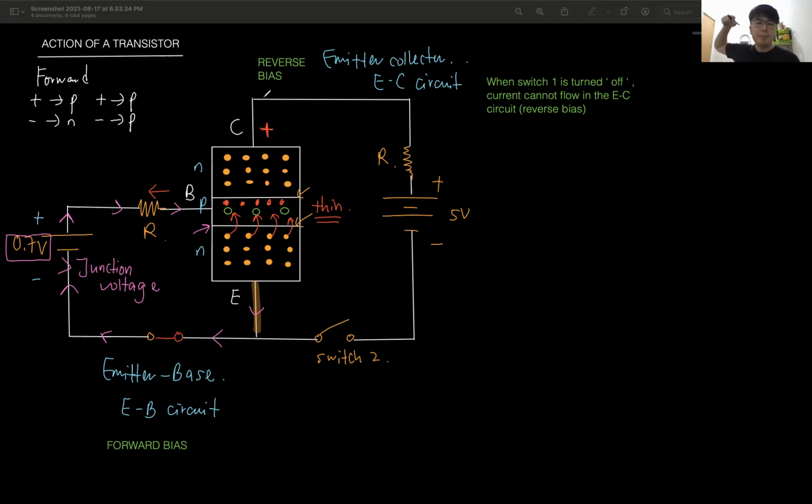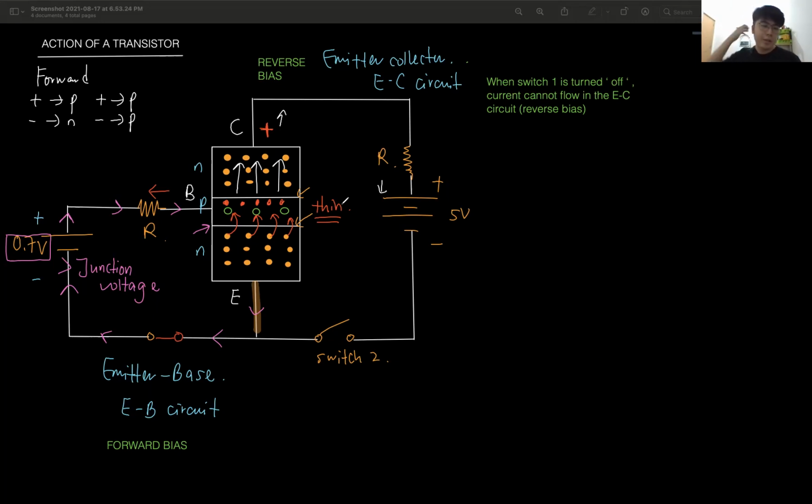They pull the electron, meaning that they accelerate the electron to the other side. To where? Up here. All the electrons that stay in here that did not combine with a hole get accelerated to this end here, this collector circuit, and they will enter the circuit and go to the terminal here.